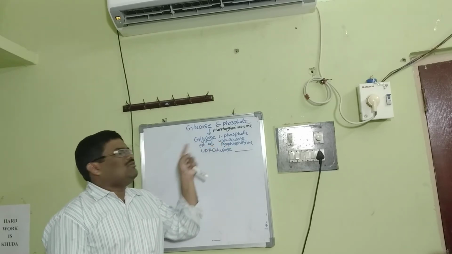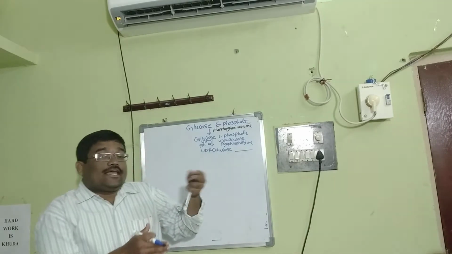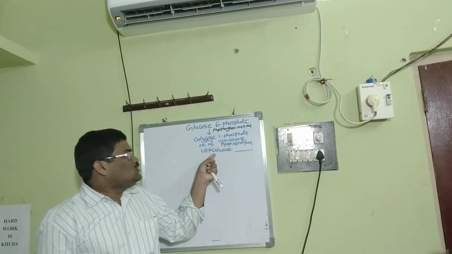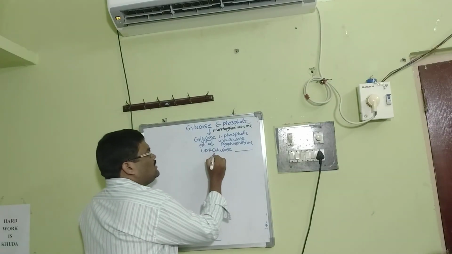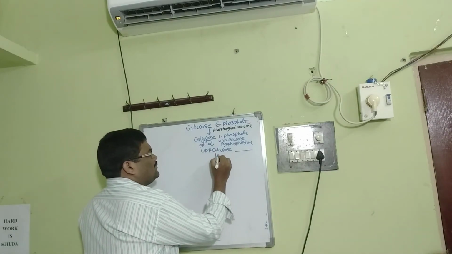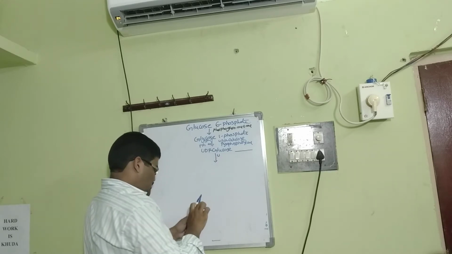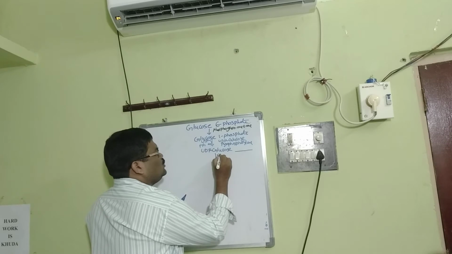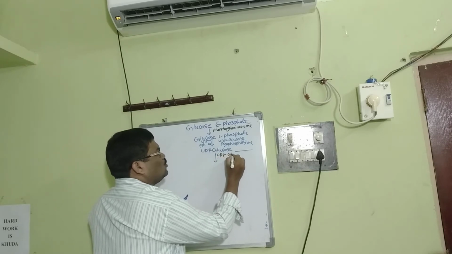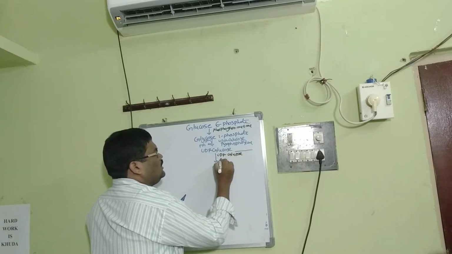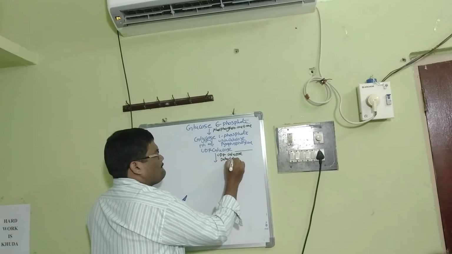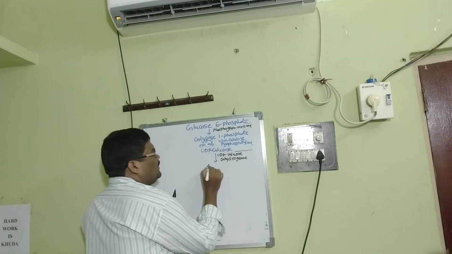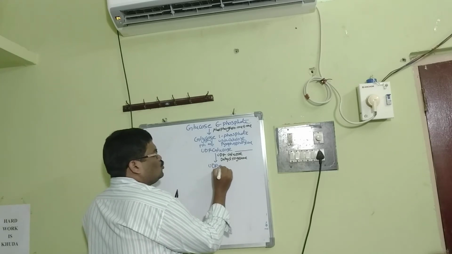UDP will be utilized just like in the glycogenesis process. But here there is a difference. This UDP glucose will be catalyzed by the enzyme UDP glucose dehydrogenase to form UDP glucuronate.